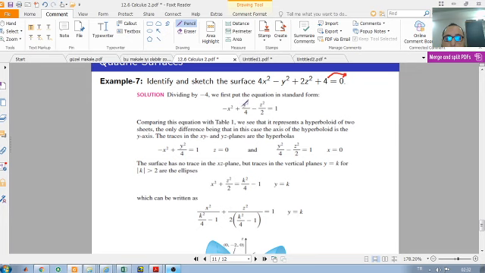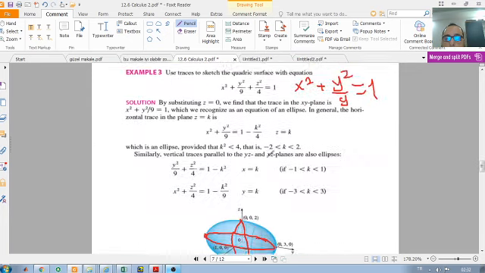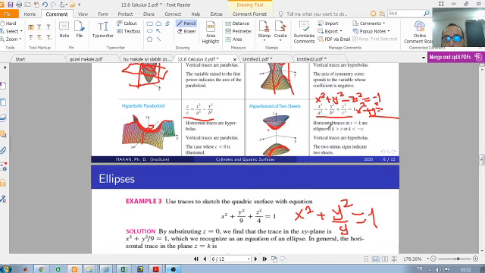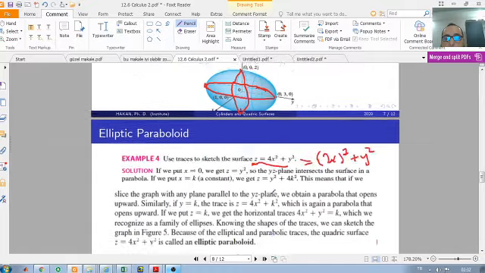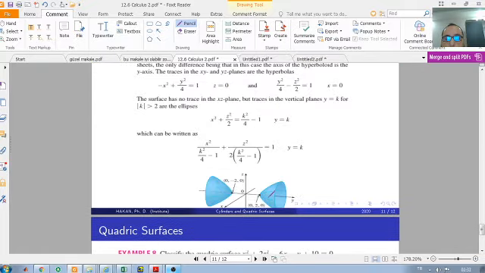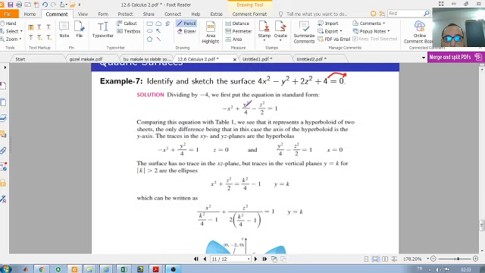We have plus for the coefficient of y square. If you look at the table here, for the coefficients of two of the variables, we have minus. For one of the variables, we have plus for its coefficient. Therefore, it is actually a hyperboloid of two sheets. And you see we have plus for y square.